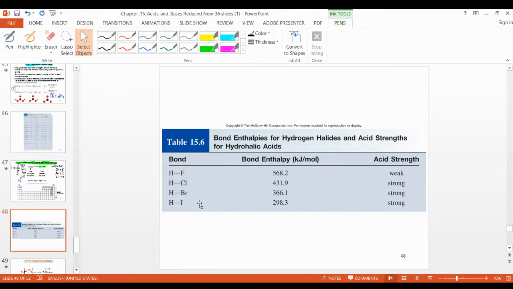Doctor, see, HI is more strong because of the weaker bond, right? But strong acid. So that's why, see, bond enthalpy is less. This bond enthalpy is very less, right?